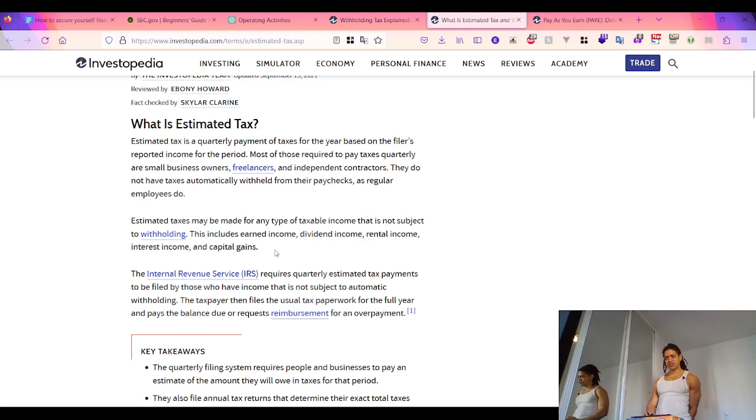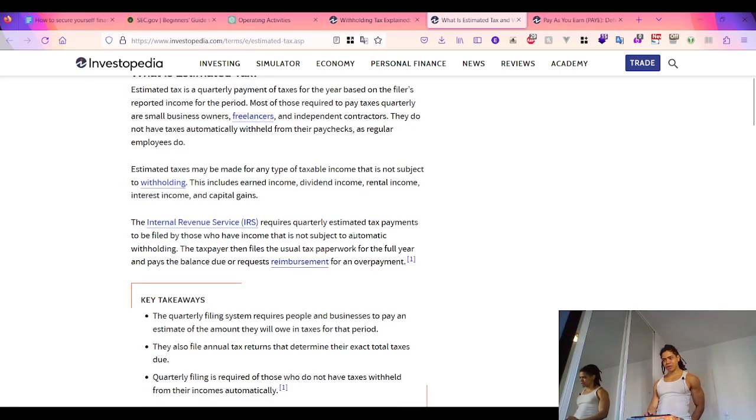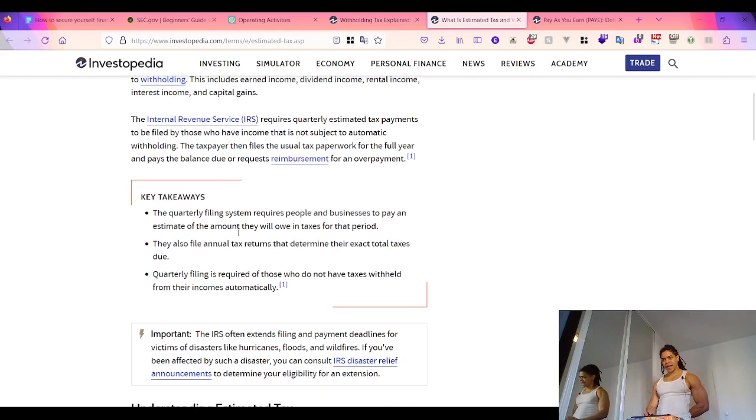The Internal Revenue Service requires quarterly estimated tax payments from those who have income that is not subject to automatic withholding. The taxpayer then files the usual paperwork for the full year and pays the balance due or requests reimbursement for an overpayment.